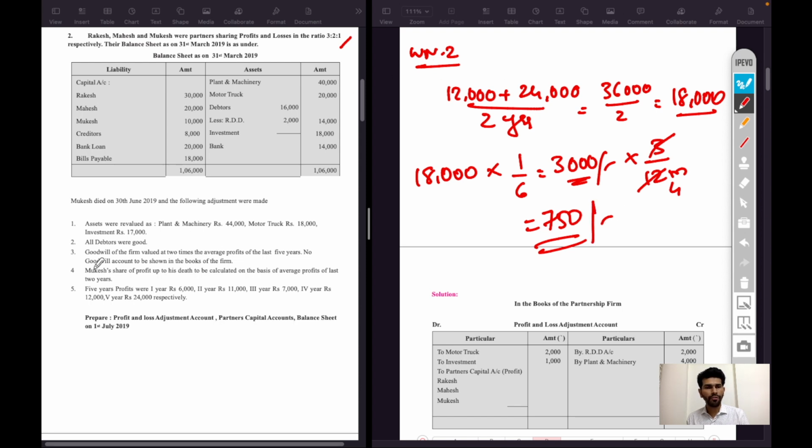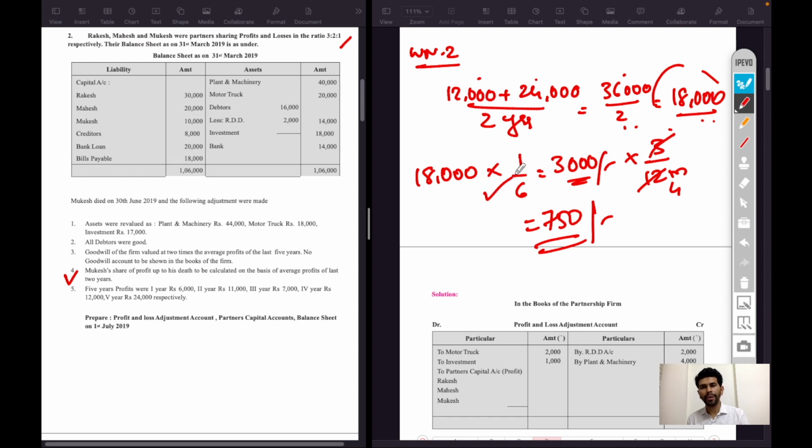So the calculation of profit we have done by calculating average profit of last 2 years, that is 12,000 and 24,000, total 36,000 rupees divided by 2 years. So average profit of the firm is 18,000 rupees. 18,000 rupees is the profit of all 3 partners. We have to find out the share of Mukesh, the deceased partner.